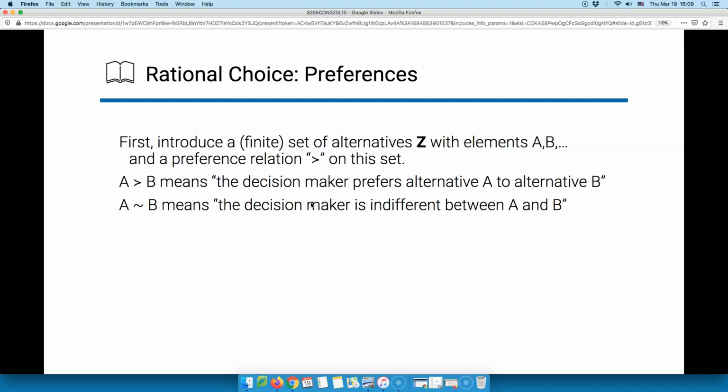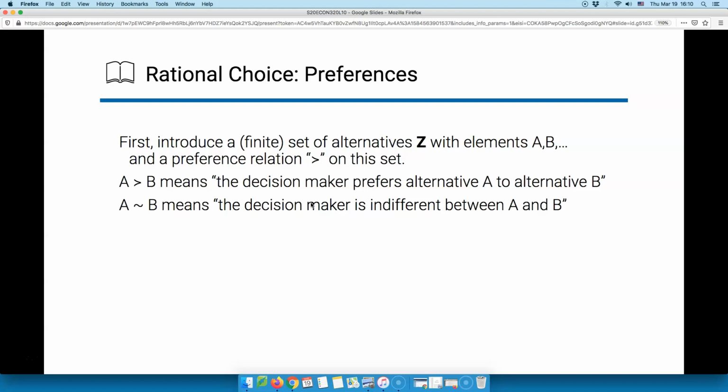So we can say the decision maker likes A better than B, and we'll in short write it as A is better than B, with the better sign looking like the greater sign when we compare numbers. An alternative situation could be that the agent is indifferent between A and B, and then we'll use the indifferent sign.